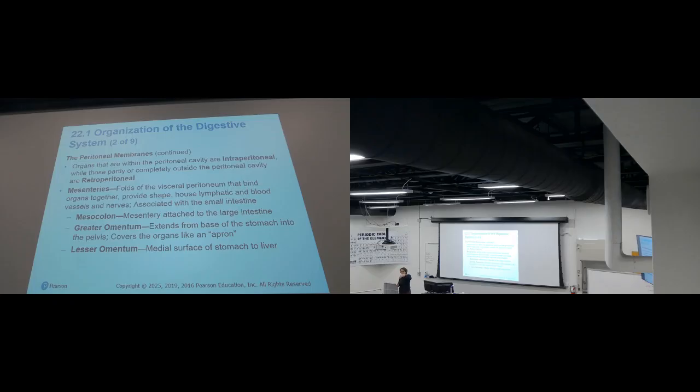Our intestines move a lot. And if we didn't have this apron-like membrane, the greater omentum, our intestines would constantly hit the internal abdominal cavity, and the smooth muscle that makes up the wall of the intestines is very fragile, so it would get damaged really easily.